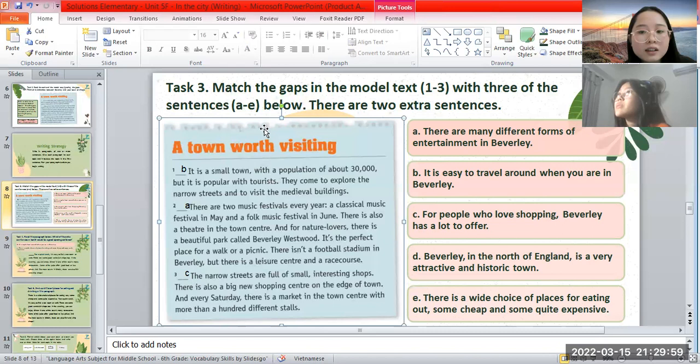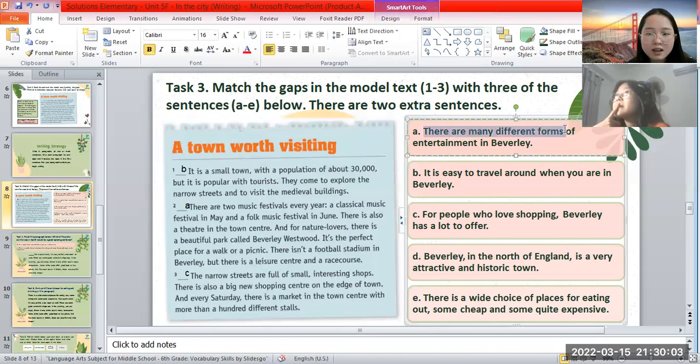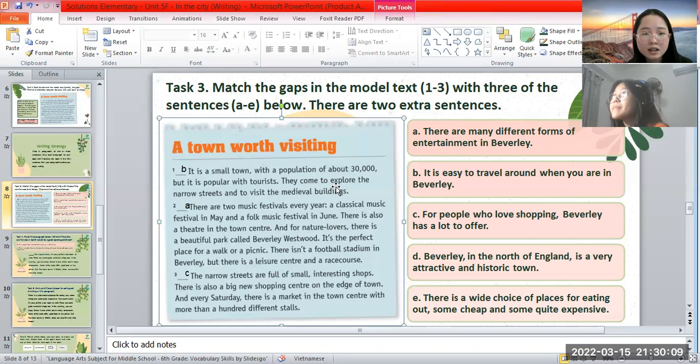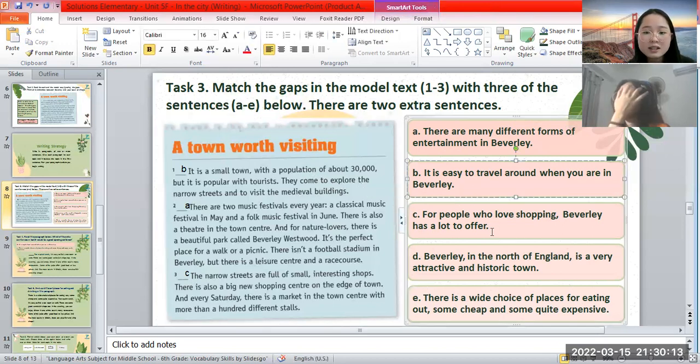Okay, so I think we cannot choose A, because that is about forms of entertainment, and it doesn't mention any entertainment here. B is not correct. C is for shopping, which is the keyword. And how about D? It is very attractive and historic town.